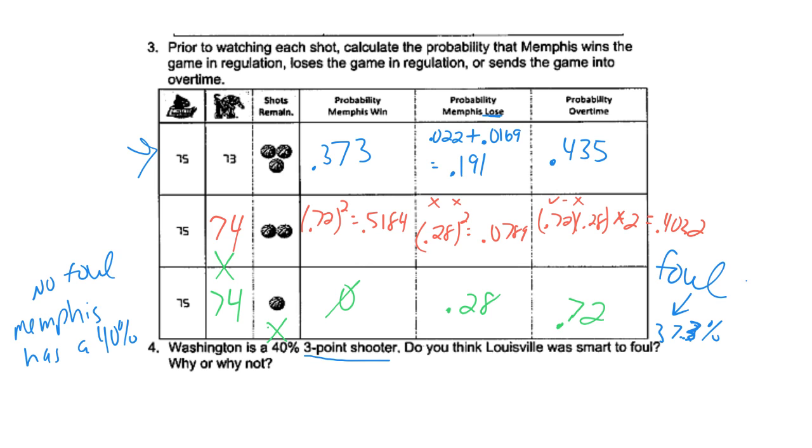However, you run the risk of them going to overtime, and that was a 0.435 or 43.5% chance that he'd send it to overtime. So either winning in regulation or sending it to overtime was a 77% chance. So it's kind of close to the outright win. They're about the same with the foul versus the no foul. But when you take into the overtime consideration, the foul actually may have been a little bit risky.